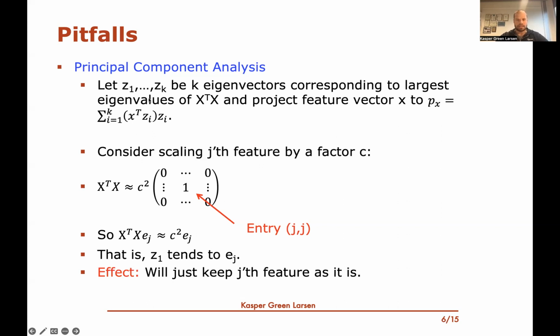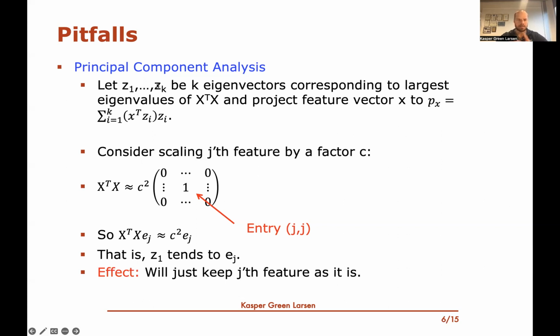Now, if we do the projection, look at this expression: each of these terms in the sum, one of them corresponds to the first eigenvector, which is Ej. So I compute X's inner product onto Ej, which is just the jth coordinate of X, and then I multiply it with Ej. That basically means I keep the jth coordinate. More importantly, all the other eigenvectors, 2 to k, are orthogonal just by definition.